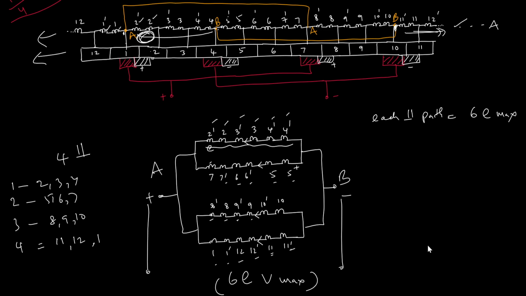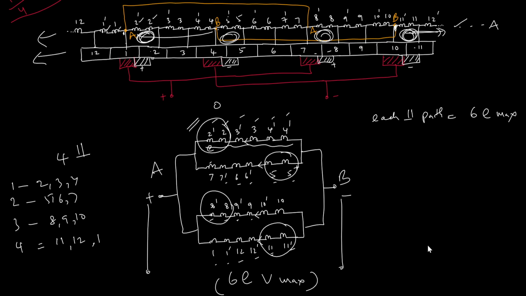Similarly, 4 and 5 segments are shorted, so coil 5 is shorted; 7 and 8 are shorted, so coil 8 is shorted; and 10 and 11 are shorted, so coil 11 is shorted. So in each parallel path, one coil EMF has gone to zero.